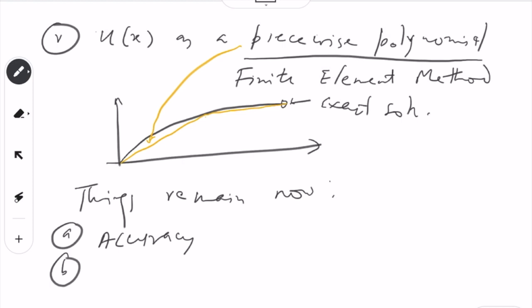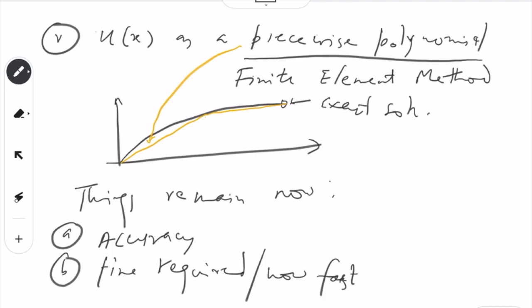Accuracy is one thing, but we also have to see the time required to compute, or how fast, or the speed.